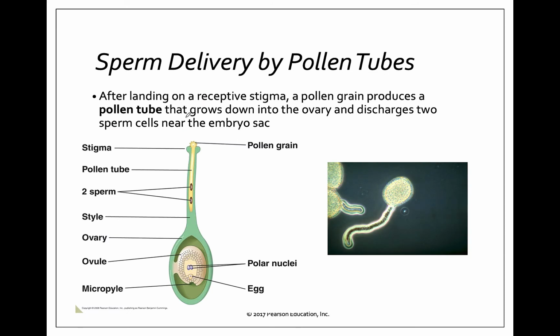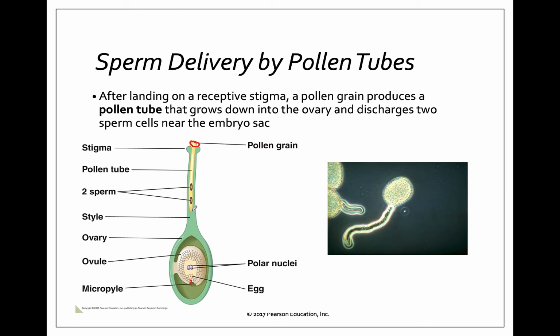So we have to get from pollination, this pollen landing on the stigma, to fertilization, where we have sperm meeting with egg. And there's a long physical distance between this, because the pollen tube has to grow all the way down through the style, through the ovary, to the ovule. So the pollen tube lands here.